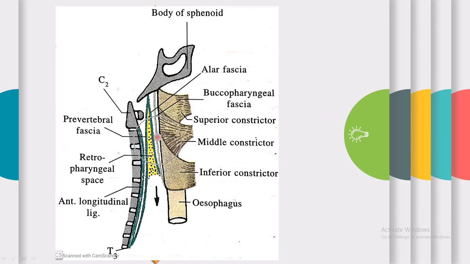This is the buccopharyngeal fascia. So here the alar fascia blends with the buccopharyngeal fascia. The posterior layer enters the thorax and blends with the anterior longitudinal ligament of the upper three thoracic vertebrae.